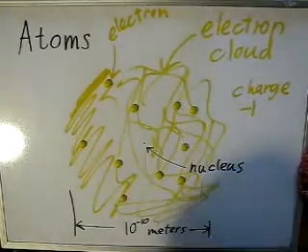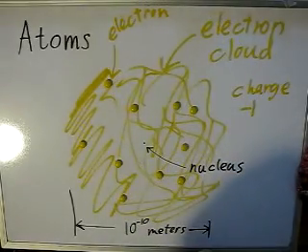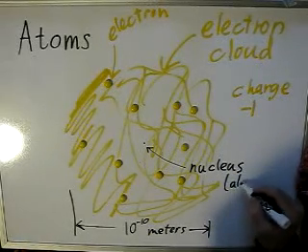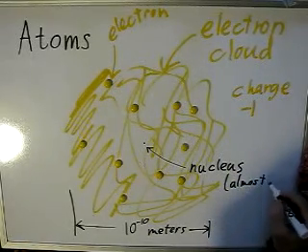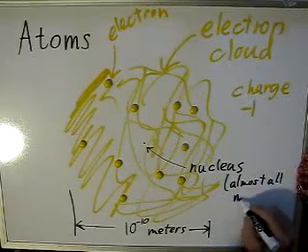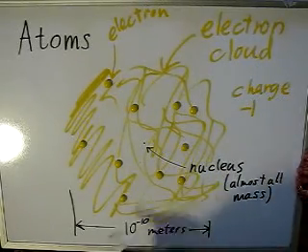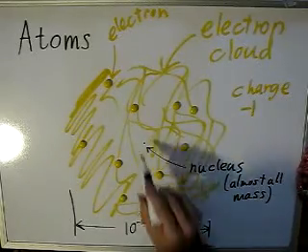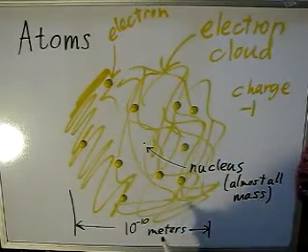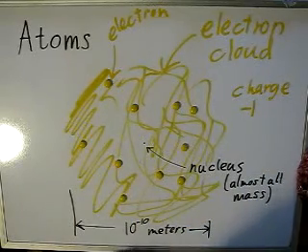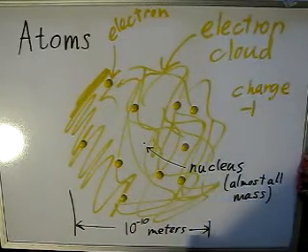All this electron cloud that takes up most of the space has very little mass. So the nucleus has almost all the mass. It's concentrated in that one little dot. It's a little bit like the solar system, where you have the sun in the center, which has almost all the mass, and then you have a few planets orbiting around which have much, much less mass and take up a lot of space.